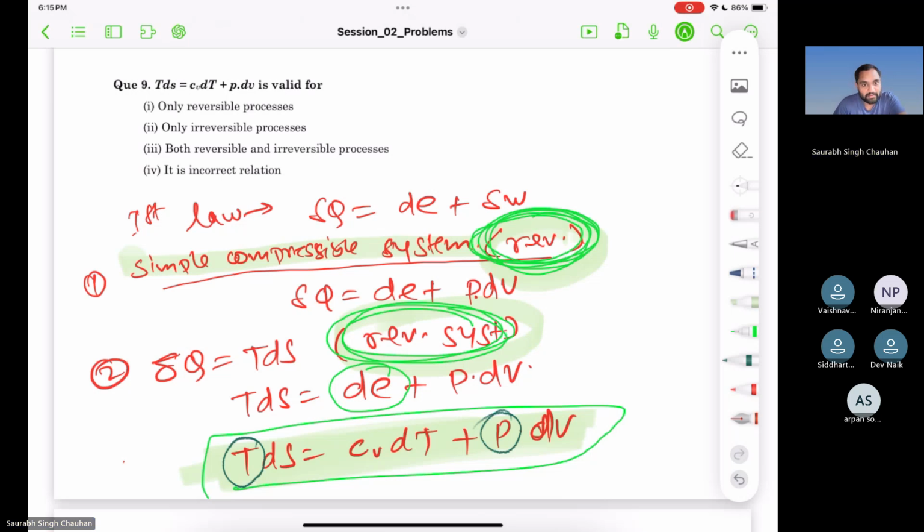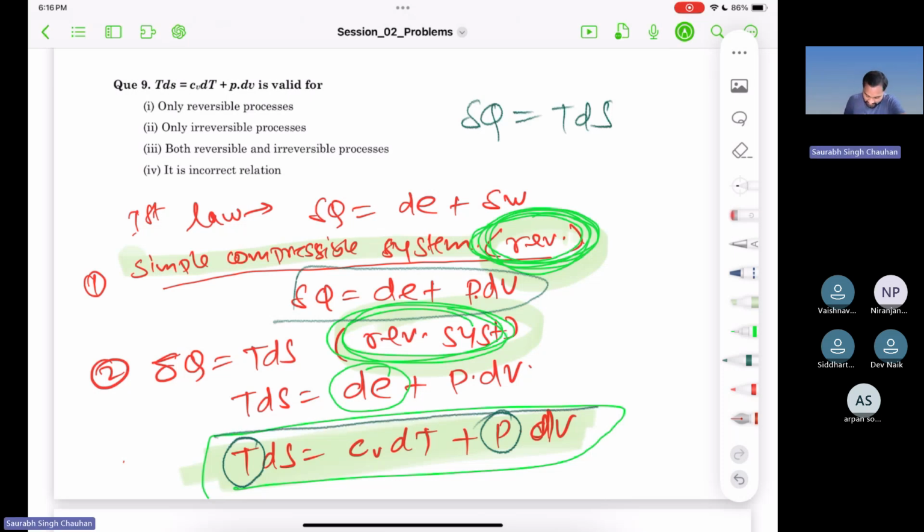The first two equations, for example, this equation involving dq is equal to something, or this equation, for example, dq is equal to tds, you cannot apply everywhere, right? You cannot apply this equation when there is some entropy generation due to irreversibilities. But the final equation you can apply anywhere. So this is even more useful. But anyways, for the question point of view, you can easily answer that the correct option should be the third option.